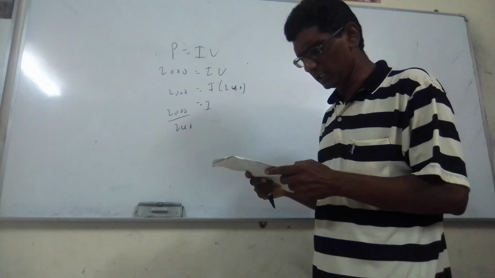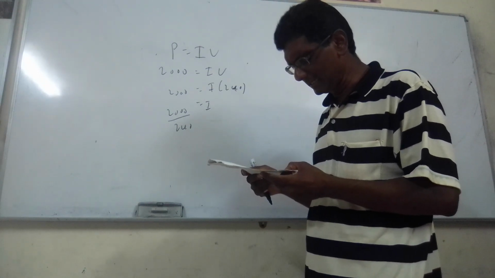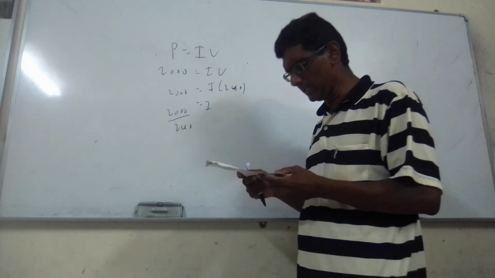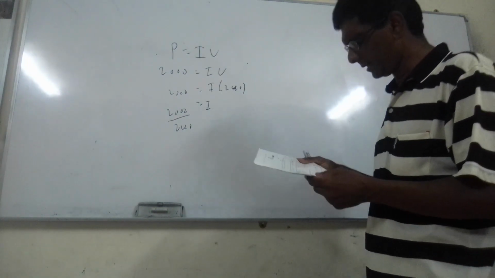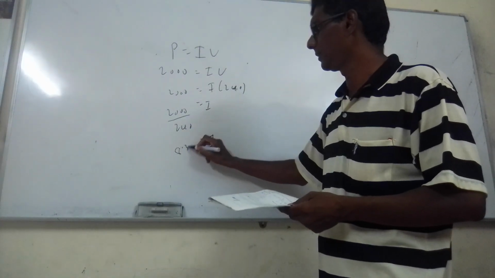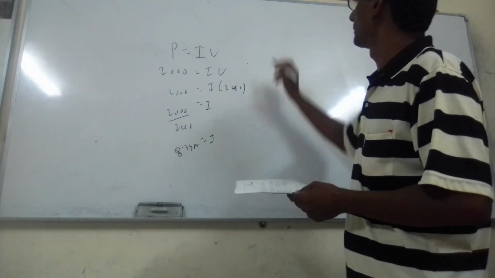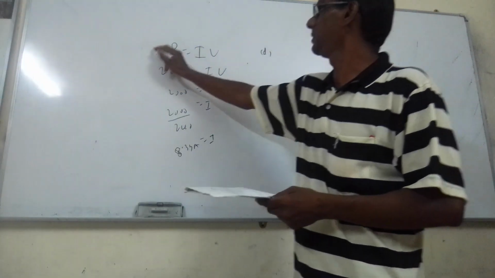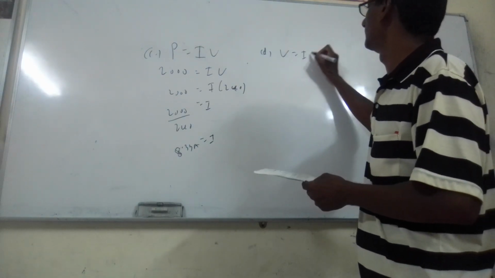And next question, question number D. Calculate the resistance of the heater. Okay, the current is correct, 8.333 ampere. And the resistance, question D. V equals IR.